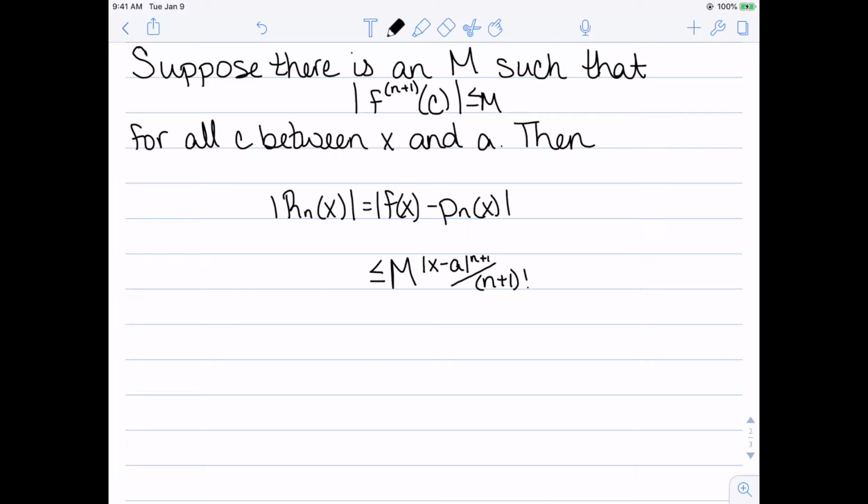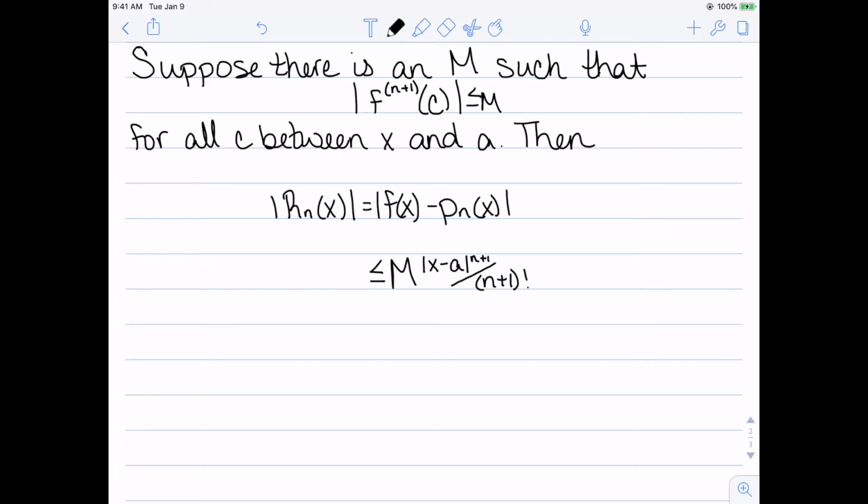So we do include a and x. Then the absolute value of Rn of x, which is defined as the absolute value of f of x minus Pn of x, is less than or equal to this number m times the absolute value of x minus a to the n plus 1, all over n plus 1 factorial.